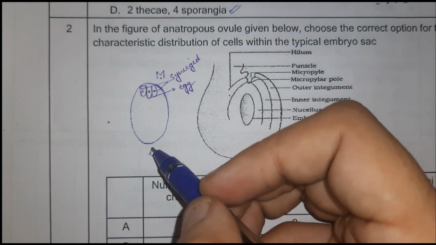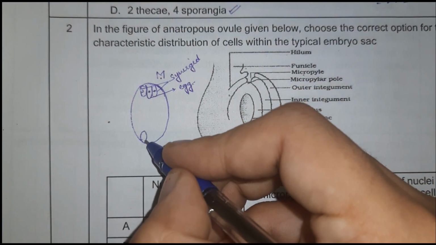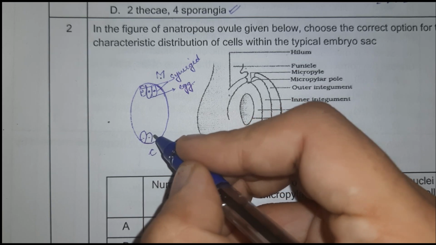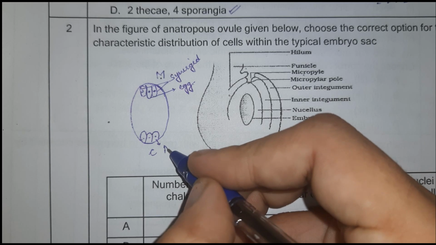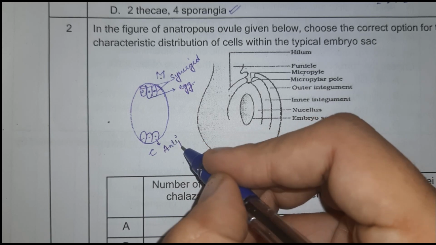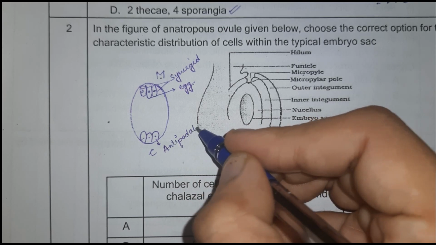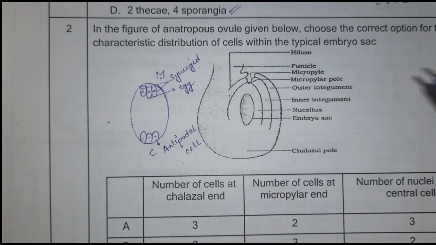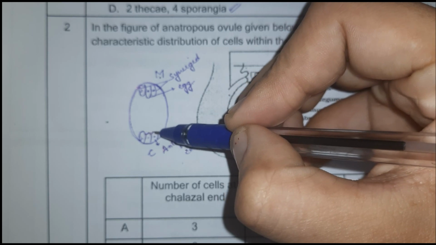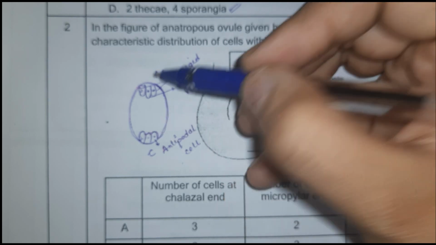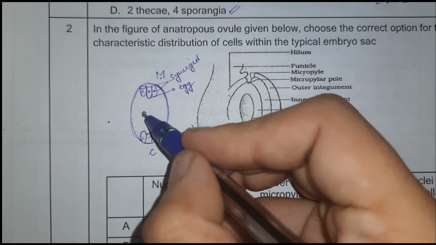At the chalazal end we have 3 antipodal cells. And this large one is the central cell. In the central cell we have 2 polar nuclei.